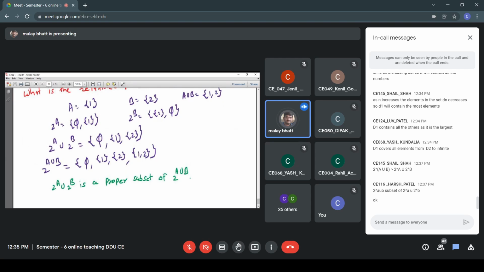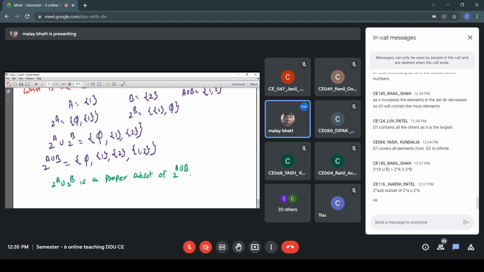And 2 raised to A union B includes 4 elements: the empty set, {1}, {2} and {1, 2}. So basically what it tells is that 2 raised to A union 2 raised to B is a proper subset of 2 raised to A union B. Why?